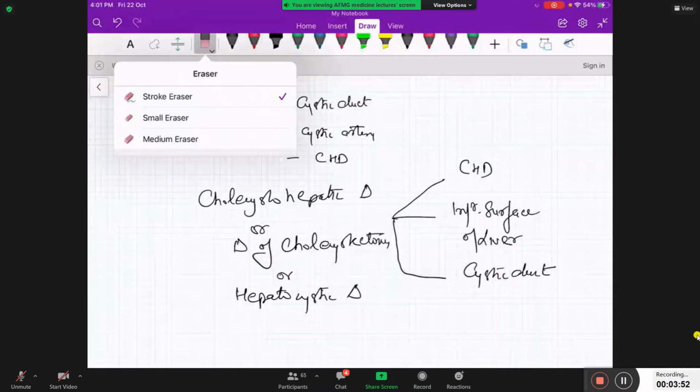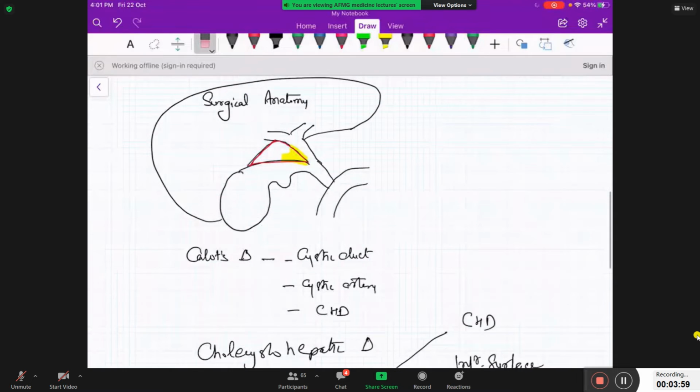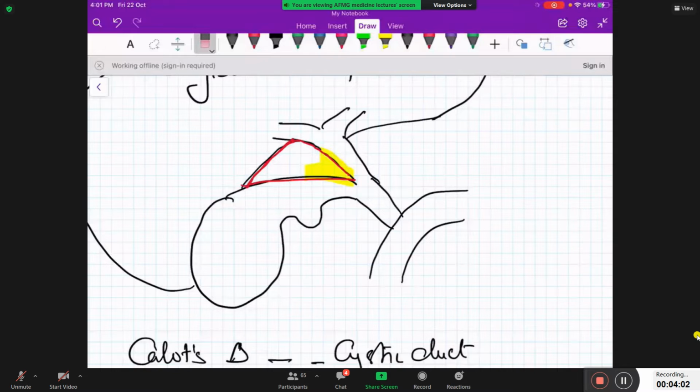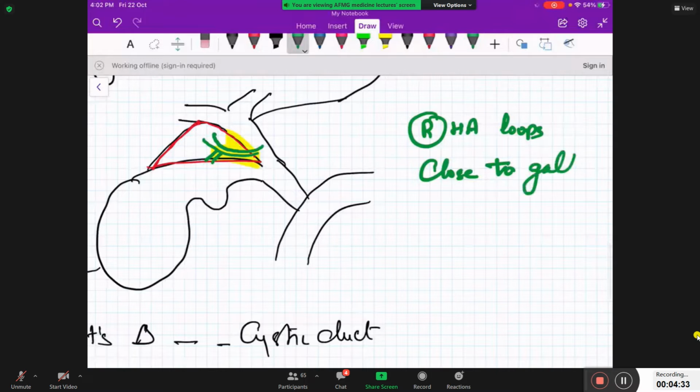But sometimes, and this can be a question again in exam, instead of giving a branch cystic artery behind the common hepatic duct, this right hepatic artery loops like this, close to the gallbladder, and gives a short cystic artery.